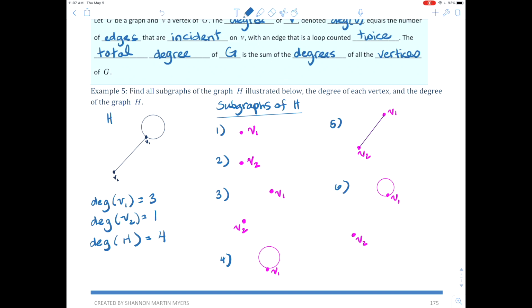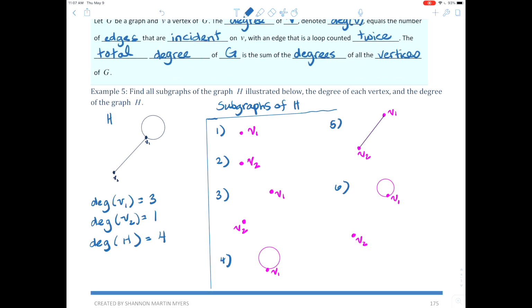And I think we're done, right? So these would be all of our subgraphs. So just kind of make sure that you can separate them. What do we have?